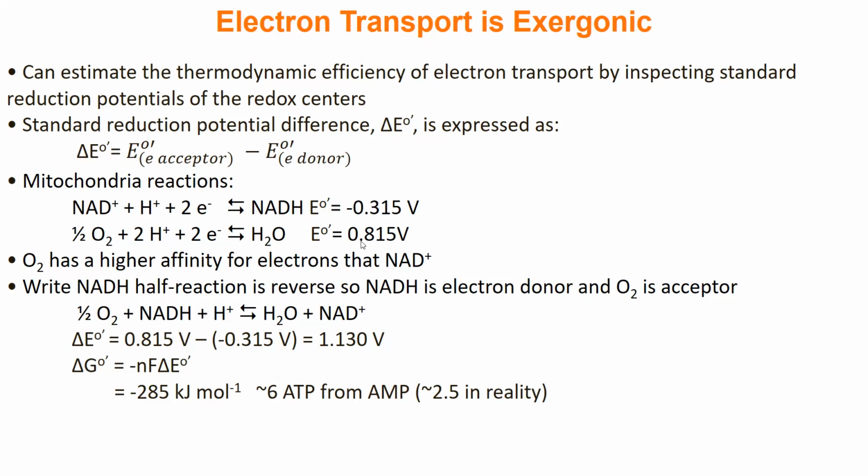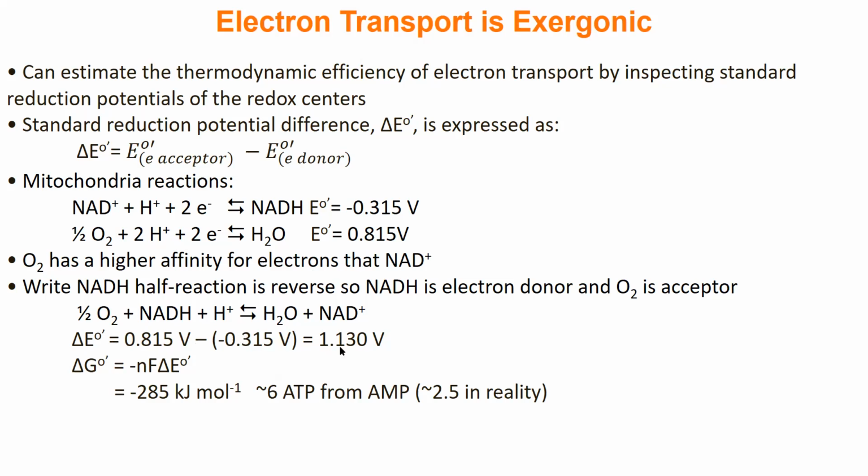Now here, oxygen is our acceptor, right? It's our final electron acceptor, where NADH is our donor. So to calculate the reduction, the delta E naught prime, it's acceptor, so oxygen, minus the donor.